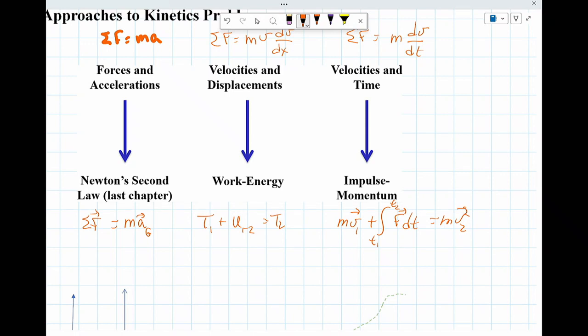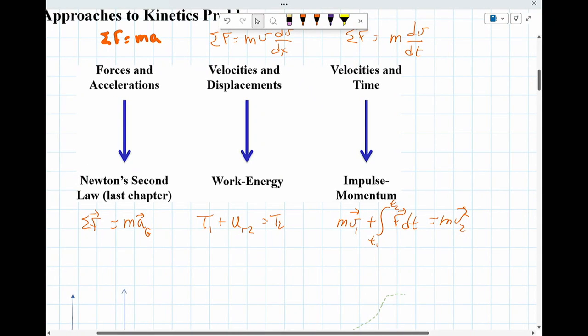And we'll look at it in terms of angular momentum too. But the important thing is that for these two, last week and next week, we have vector terms. But here, we're going to be looking at scalar terms. And so things become a little easier to deal with intuitively.